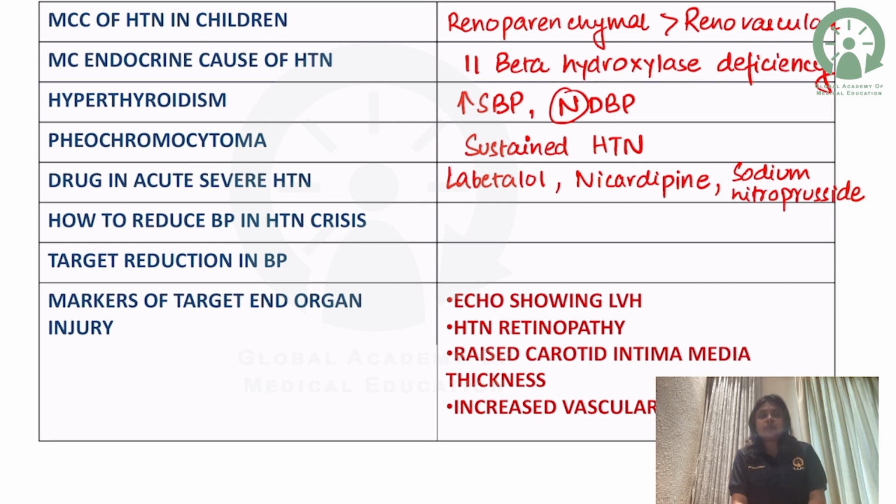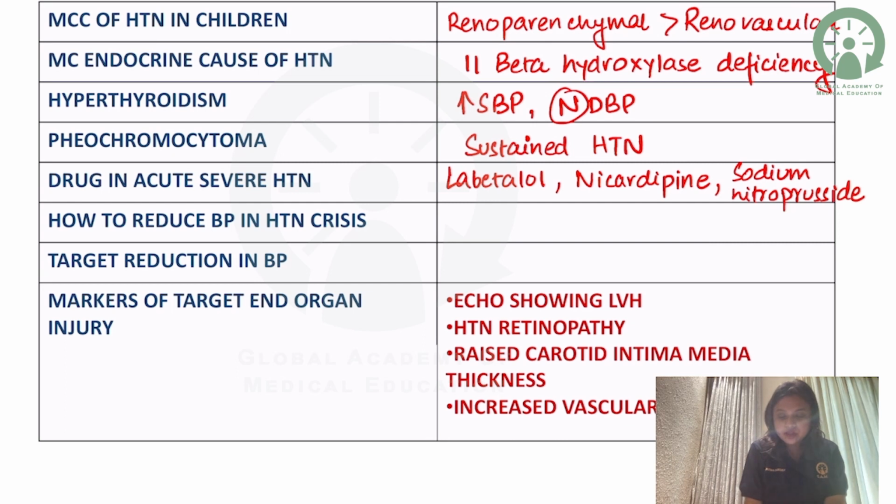How to reduce blood pressure in hypertensive crisis? Usually the protocol is that we reduce 25% of the blood pressure in the first 8 hours, and then we gradually reduce the blood pressure over 24 to 48 hours. There is no guideline for rapidly decreasing blood pressure, because if you rapidly decrease blood pressure, there is a chance of ischemia to the brain.